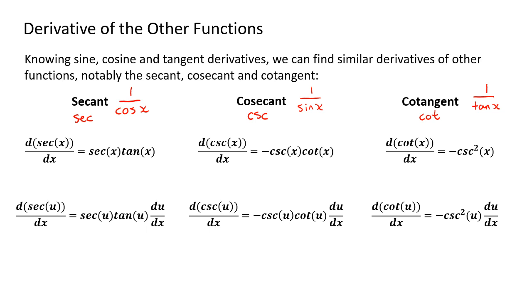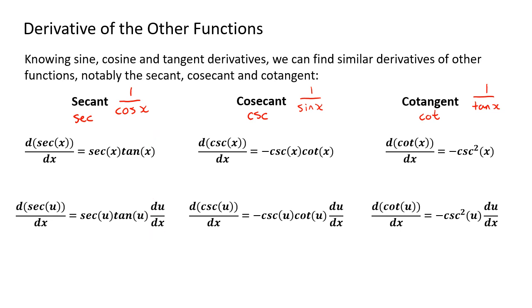Okay? And you'll see in these derivatives that there's a variety of different functions that end up coming into play here. So the derivative of secant with respect to x is secant times tangent. If the function is not just x, again using the chain rule, you have to add the du by dx term, okay? And that's letting u equal the function in the brackets.